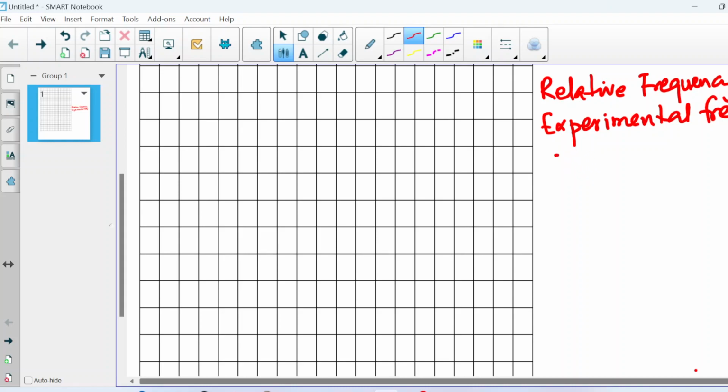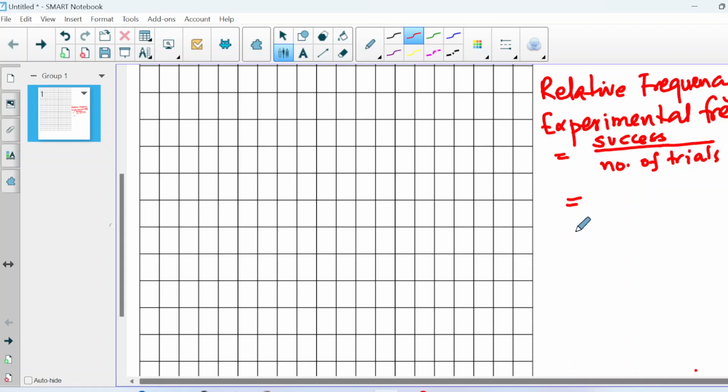So what is experimental frequency? Experimental frequency is when you conduct an experiment, then the number of successes you get out of the total number of trials. This is called experimental frequency or relative frequency.